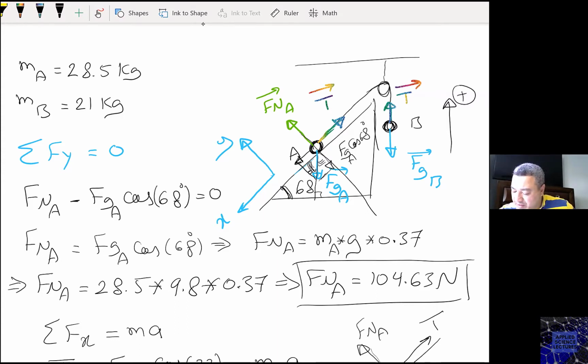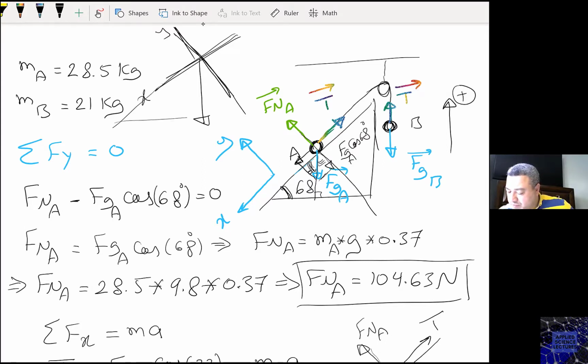These are my coordinates, this is my y, this is my x, right? So this is 68, then this is 22, and this is 68.